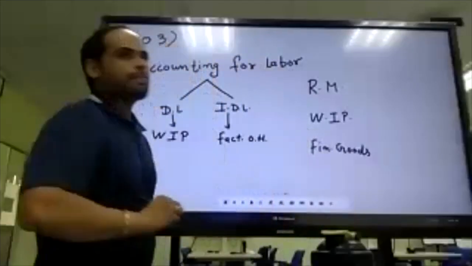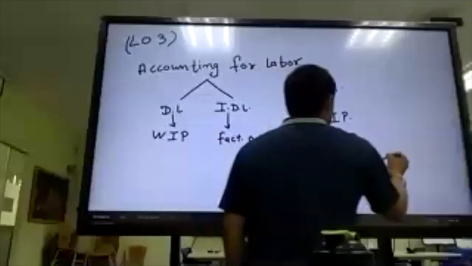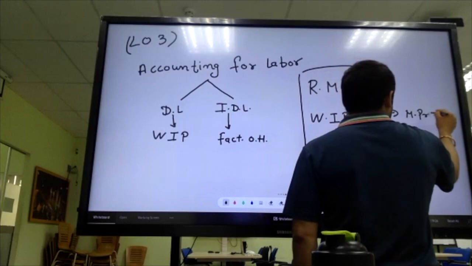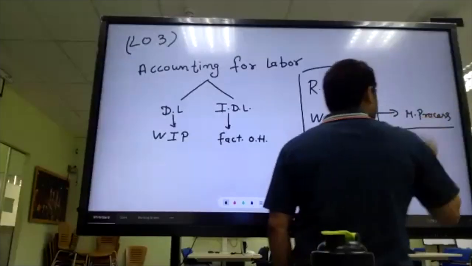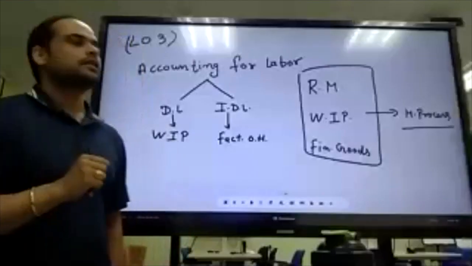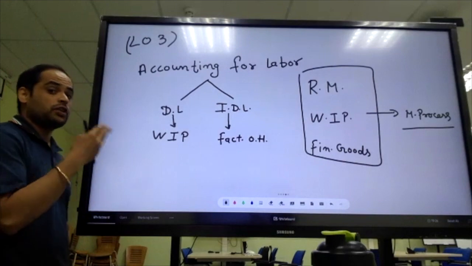All right. So what does it mean? It's a combination of manufacturing process. It's a combination of three things. Right. Now let me draw some T accounts. Then I will explain it to you in a better way.